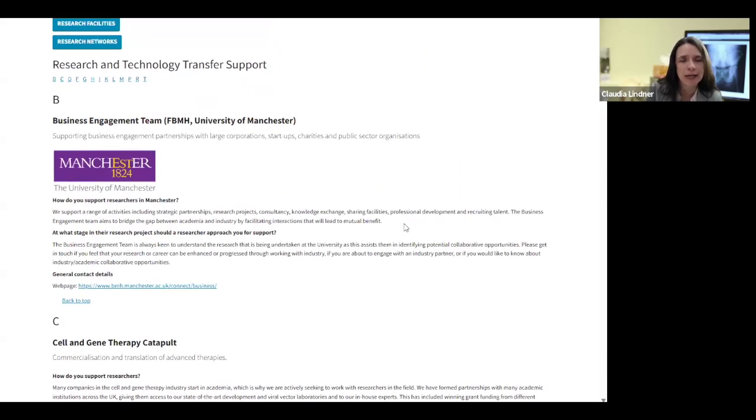And for each of the support network items, you get some information on how that stakeholder would be able to support you and also at what stage you ideally contact them. And then there's some general contact information on how to approach them.